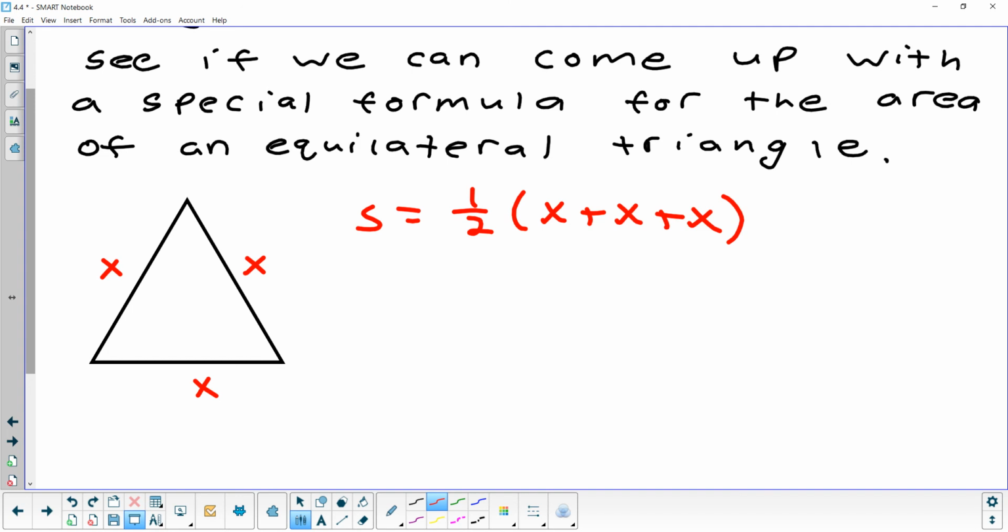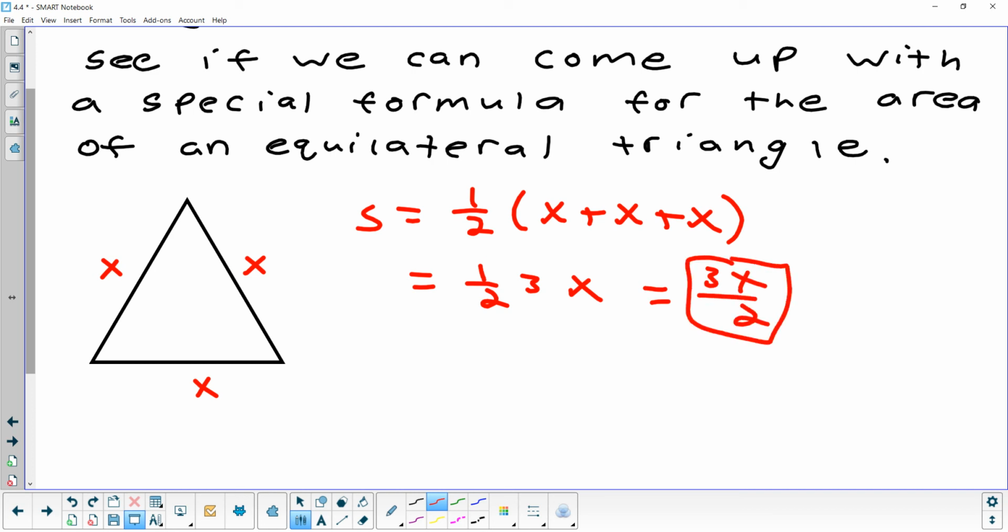Usually we say 3x. So x plus x plus x is 3x. So 1/2 of 3x. I want to put that all together as one thing, and that's how you can write it: 3x divided by 2. Dividing something by 2 is the same as multiplying by 1/2.